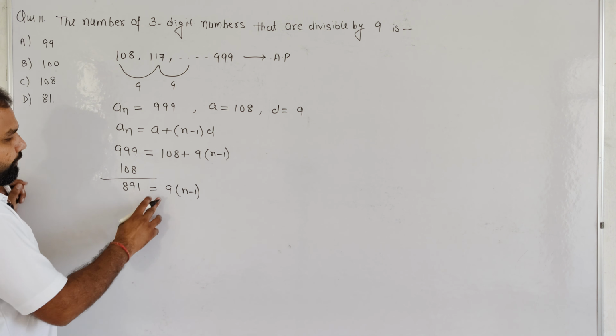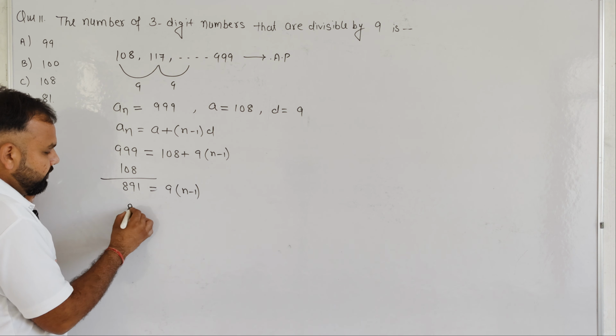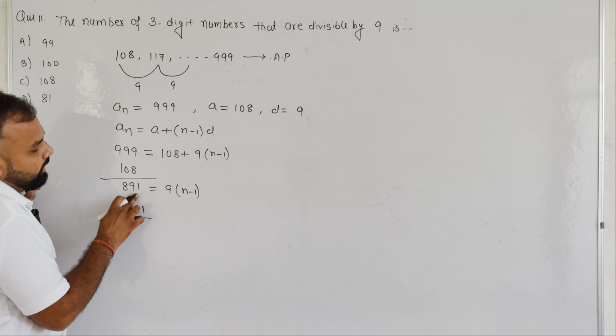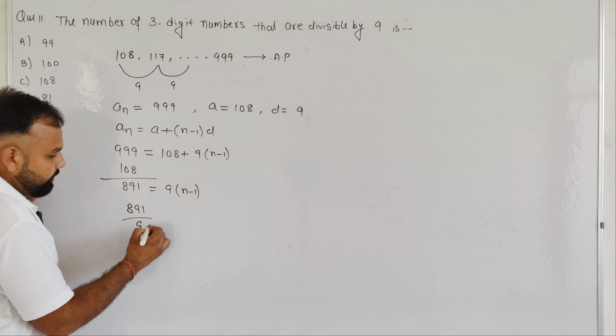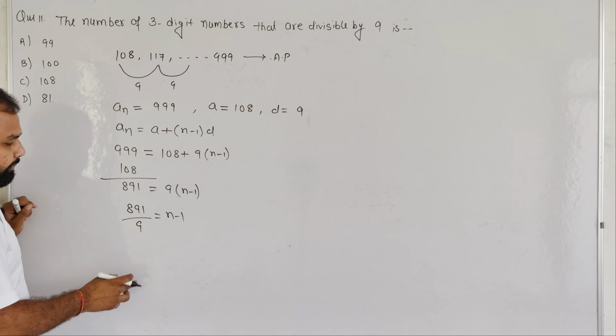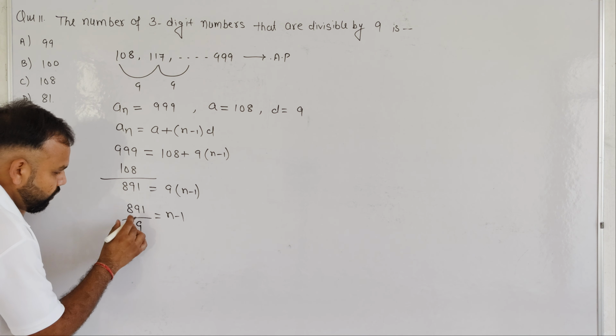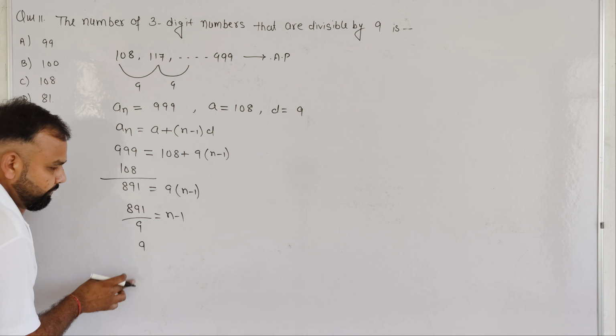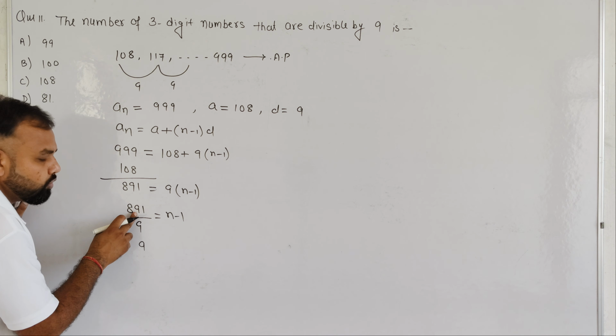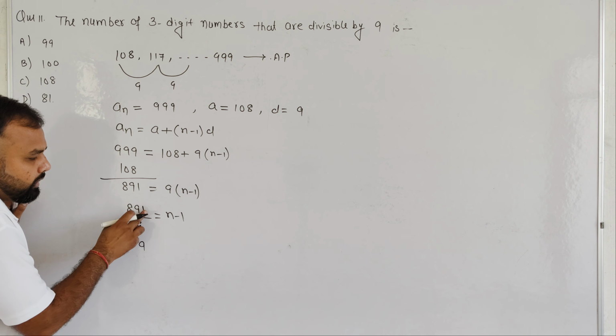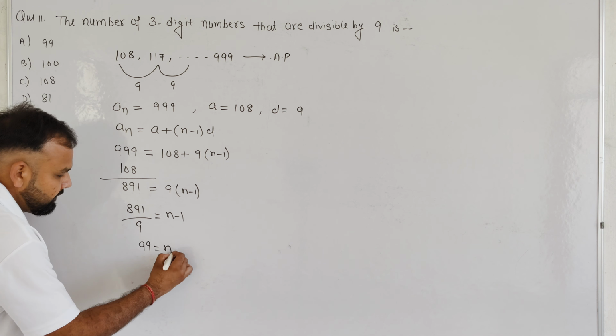Okay students, and if we divide 891 by 9, that equals n minus 1. Dividing, 9 nines are 81, then 7, then 8, and 1 there is also 9, so we get 99, that is n minus 1.